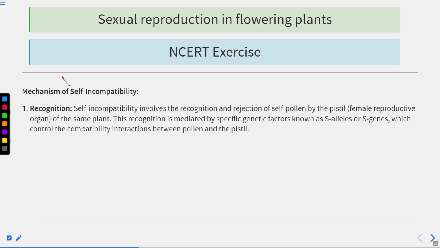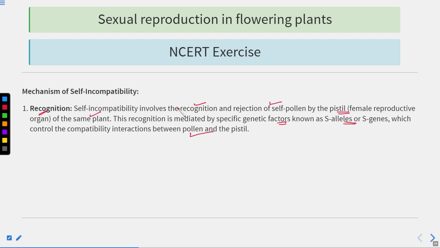Now, let's talk about the mechanism of self-incompatibility. First one is recognition. Self-incompatibility involves the recognition and rejection of the self-pollen by the pistil, which is the female reproductive organ of the same plant. This recognition is mediated by specific genetic factors such as the S alleles or S genes, which control the compatibility interaction between the pollen and the pistil.